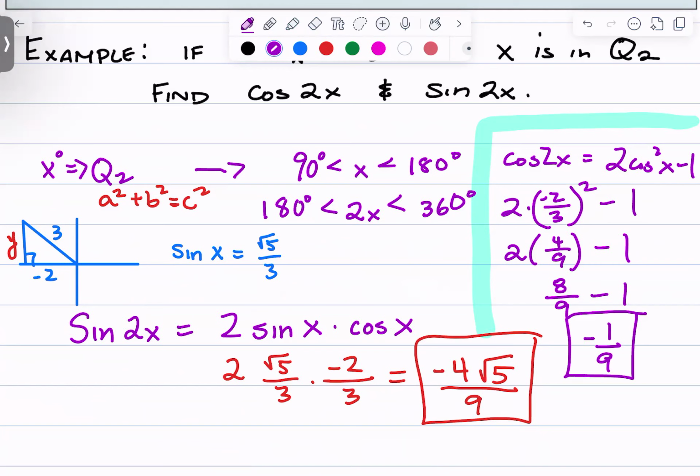So if my double angle is between 180 and 360, and I see that sine of 2x is negative 4 square root of 5 over 9, and cosine of 2x equals negative 1 over 9, where is my double angle? What quadrant?